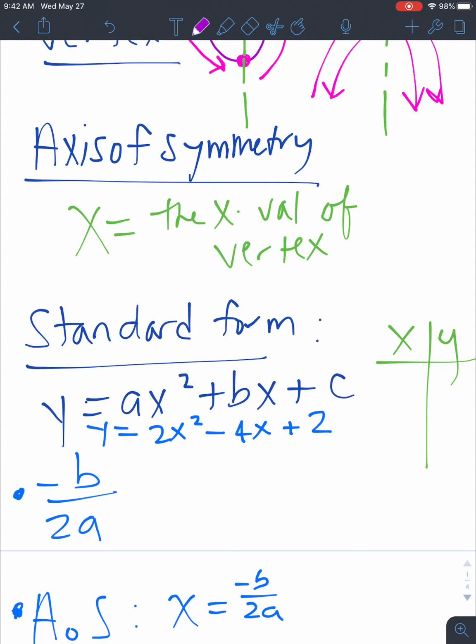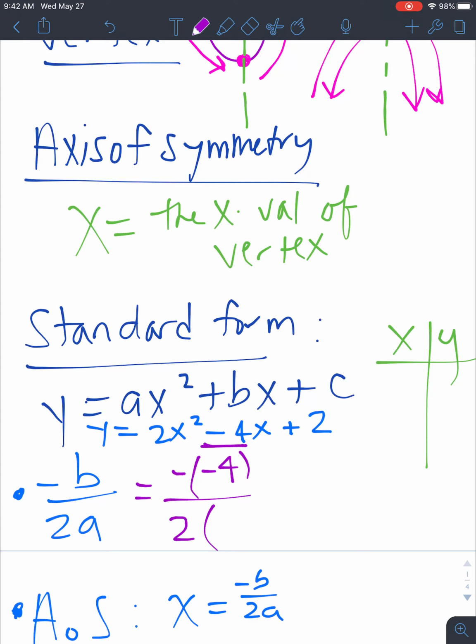So remember that the x value of your vertex for standard form is always at negative b divided by 2a. All right, so I have an example written in this light blue color that y equals 2x squared minus 4x plus 2. All right, if we were to try and find the x value of your vertex with that, we'd say, okay, we have negative, and my b value is negative 4.